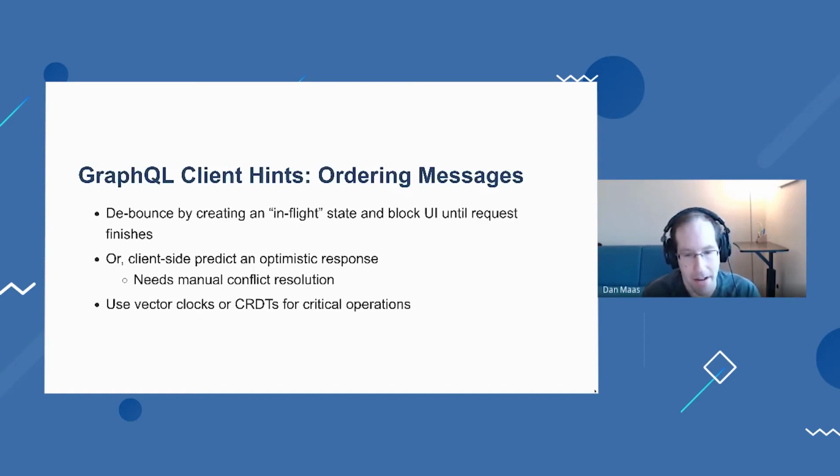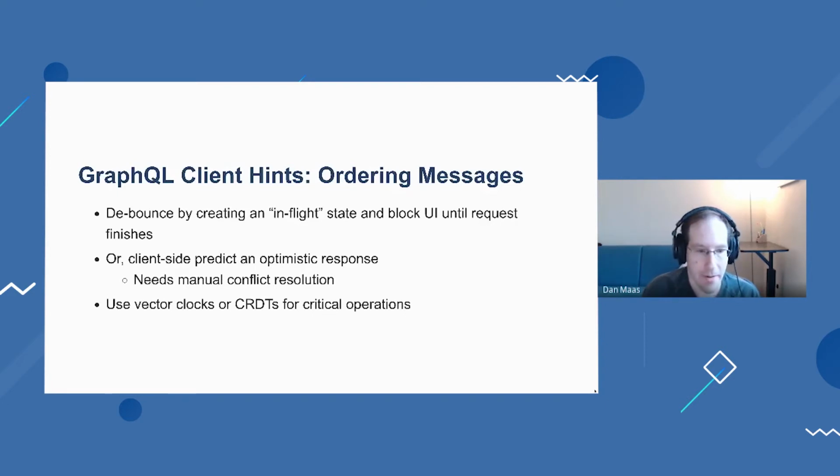And at the very bottom, for any operation that's super critical, where the ordering is absolutely critical, and you have to resolve contention between, let's say, different users that are trying to update the same object, then you have to use a more heavyweight synchronization method like a vector clock or a CRDT data type.